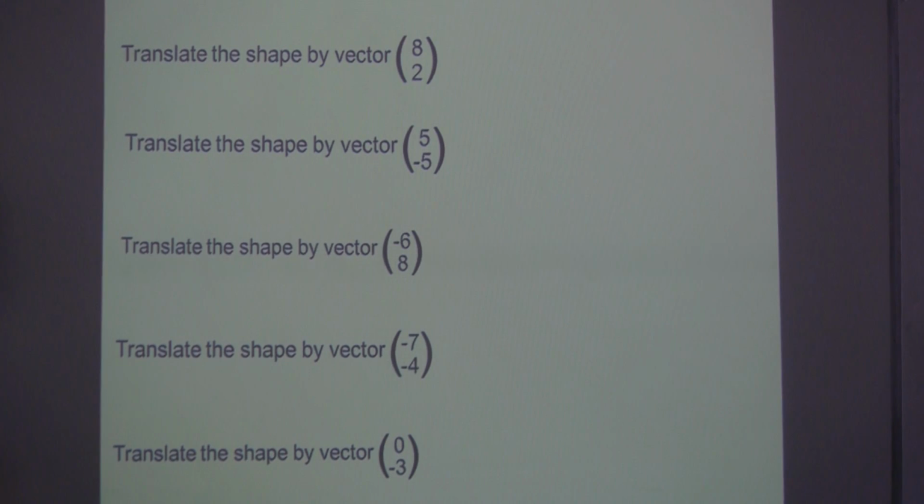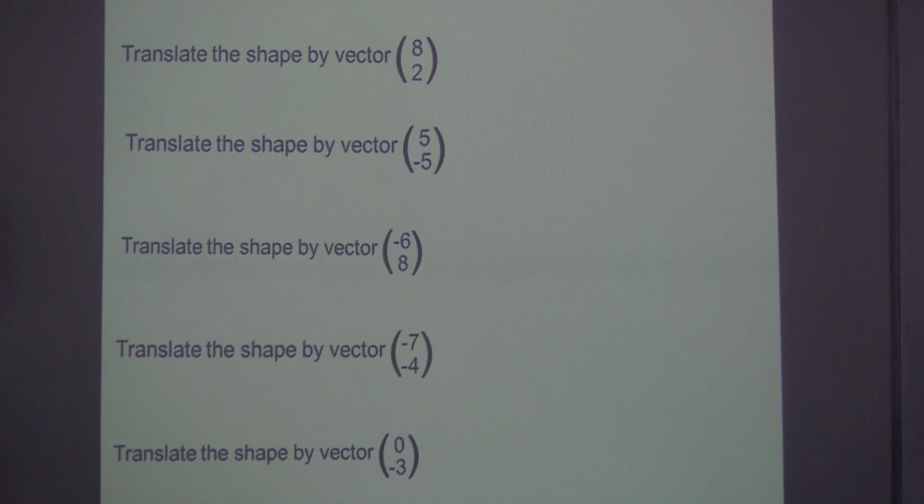Right. I'm going to give you more examples of vectors actually. So if the question says translate, i.e. move the shape by vector 8, 2, what does that mean? So if I look at the top number, that's telling me 8. I know I'm going to move left or right. The question is which direction? So I'm going to use 8. I'm going to be moving by 8 spaces.